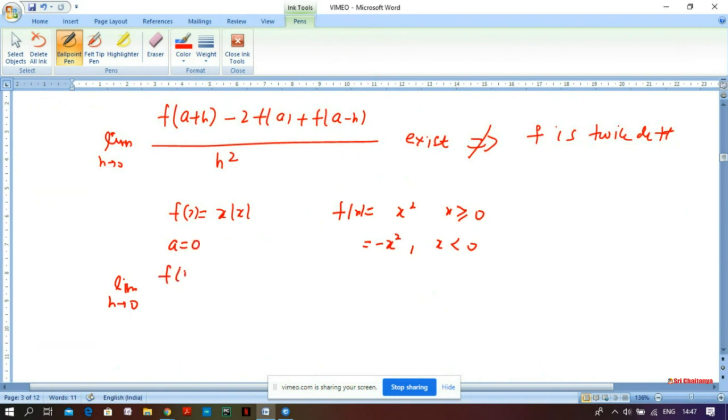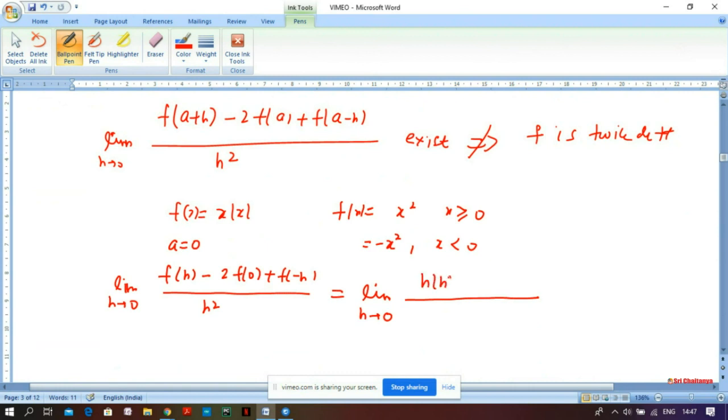So this is f of h minus 2 f of 0 plus f of negative h upon h squared. Just like in the last problem, f of h is h mod h, minus 2f0 is 0, and then negative h modulus of negative h.